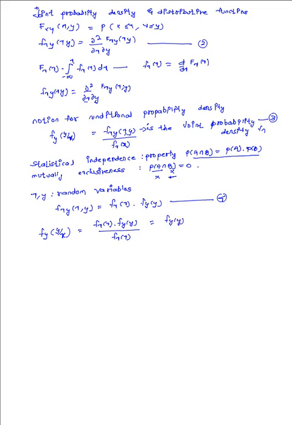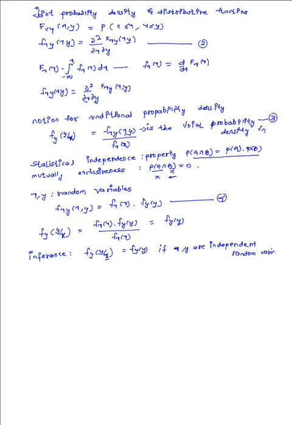So what we infer, I shall put some inference here. The conditional probability density function of y for a fixed x is simply fy(y) if x and y are independent random variables.